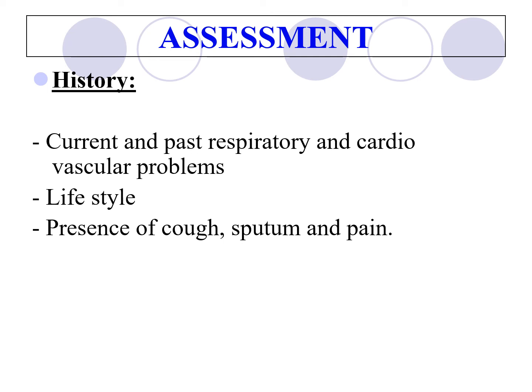Also the intensity of the pain, is it severe pain? We can ask the patient to grade it from 1 to 10, where 0 is no pain and 10 is a very extensive pain that the patient cannot tolerate.